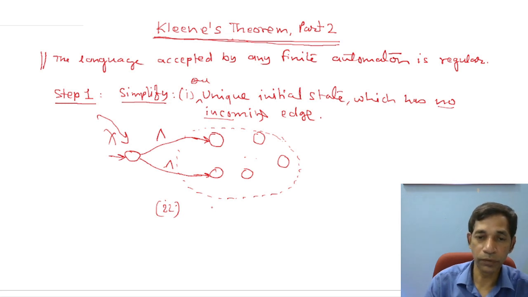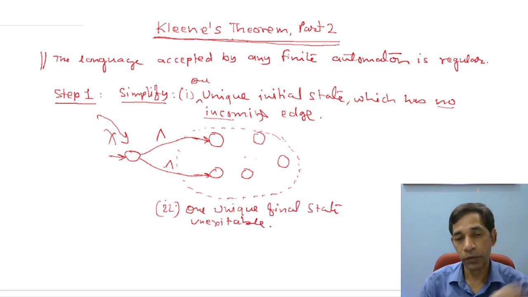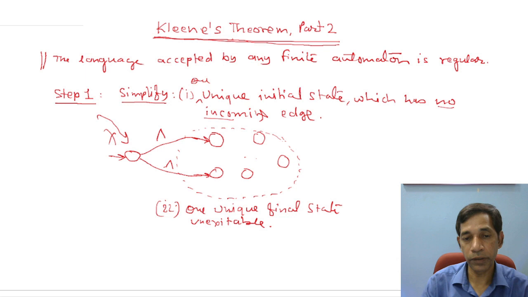So in this case we have to simplify to obtain one unique final state which is unexitable.